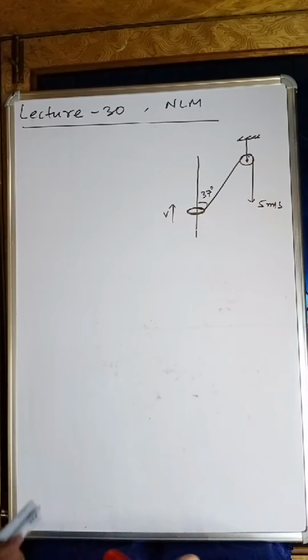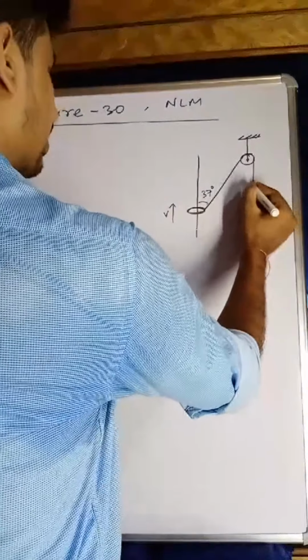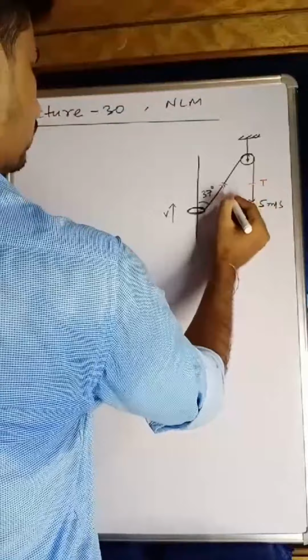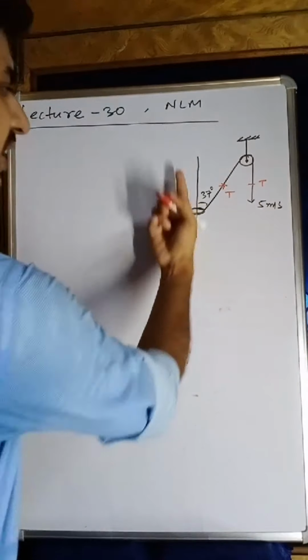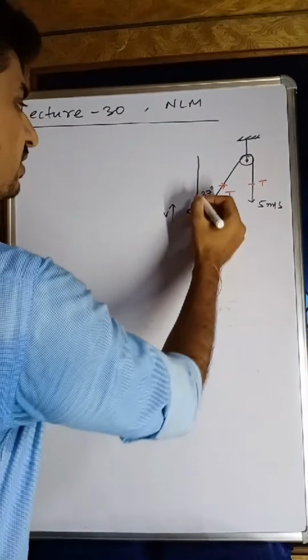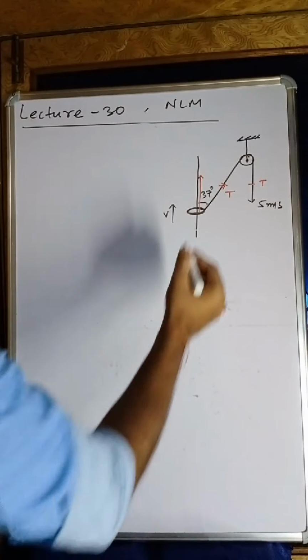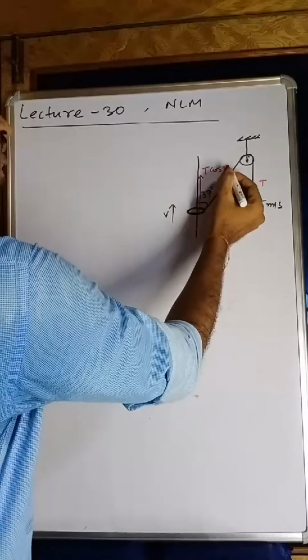Okay, now let me solve. Suppose here the tension is T, then tension will be T over here also. But we have to find the velocity in this direction. It means we have to take the component of this velocity along this one. And if it is T, then the component of tension will be T cos 37.